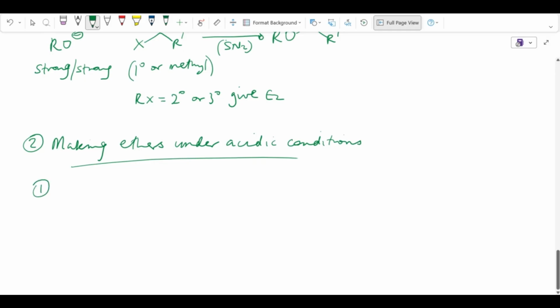Generally there are two types whenever you want to make an ether under acidic conditions. The first method is dehydration of alcohols.